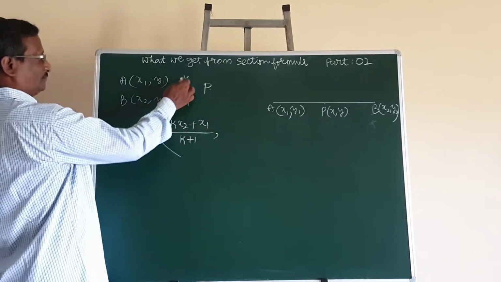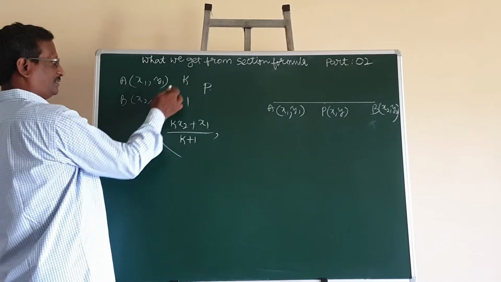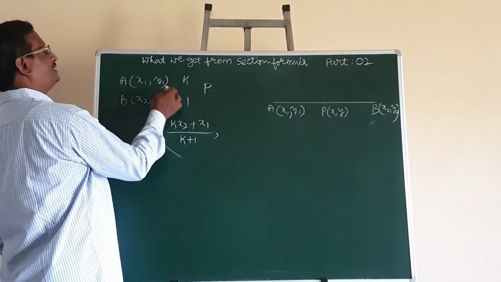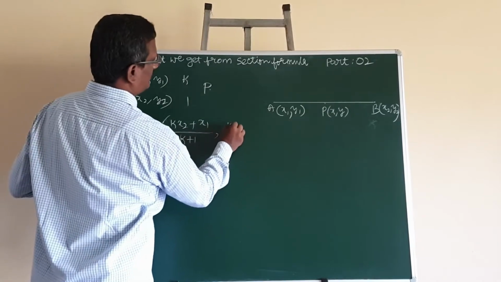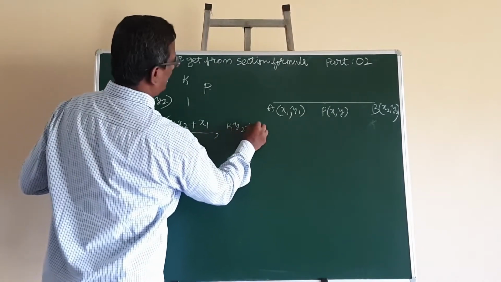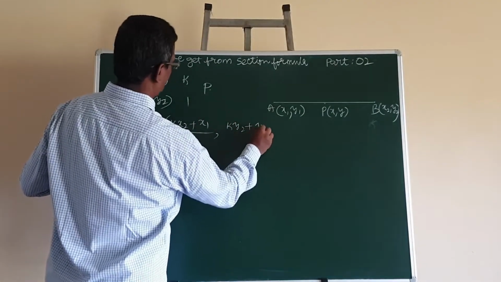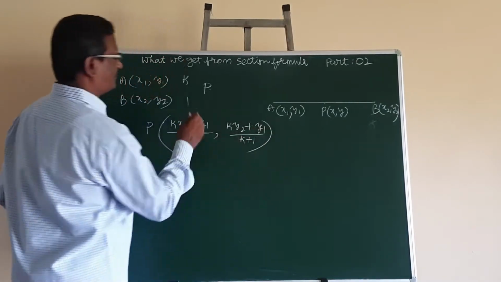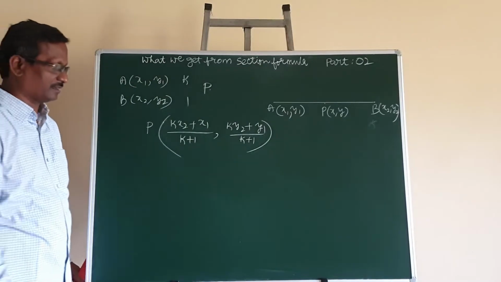For the y coordinate, the cross multiplication with y coordinates, m1 y2 plus m2 y1, means k y2 plus y1, by k plus 1. This is the formula which we have derived in the previous class.